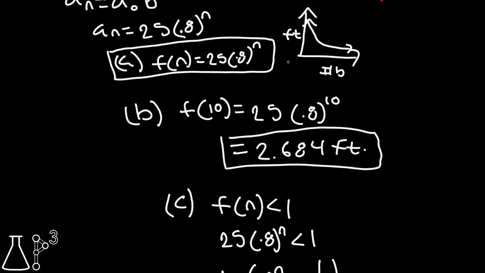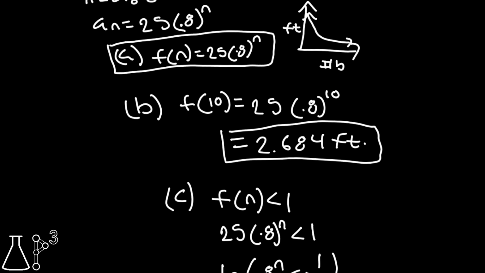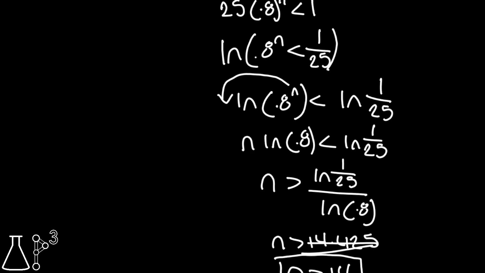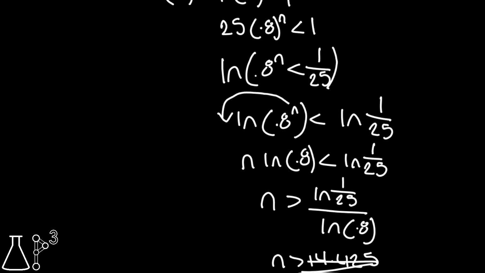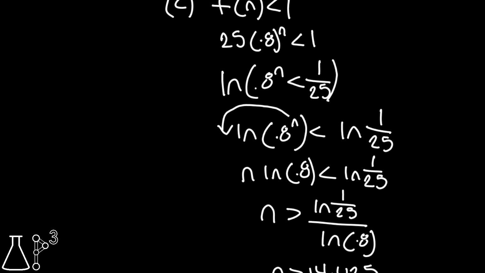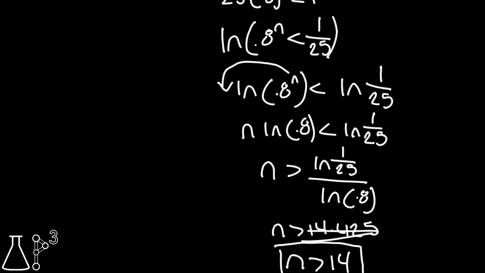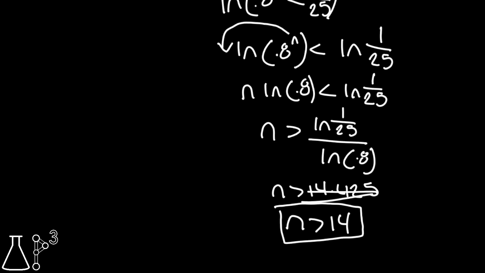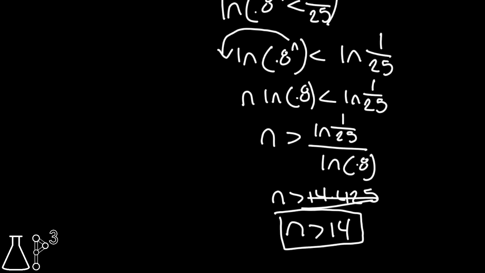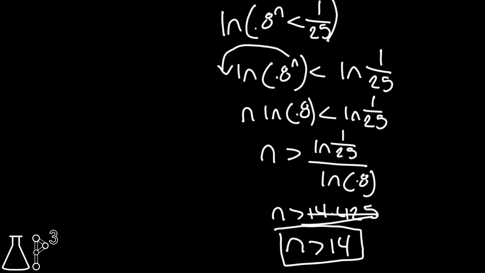So there's two ways of doing this. There's this way, which is pure calculation, and if you don't get the natural logs, that is fine. What you can do is graph it on your calculator and then look on the graph to see when y becomes less than 1, which gives you the same exact answer: n has to be greater than 14.